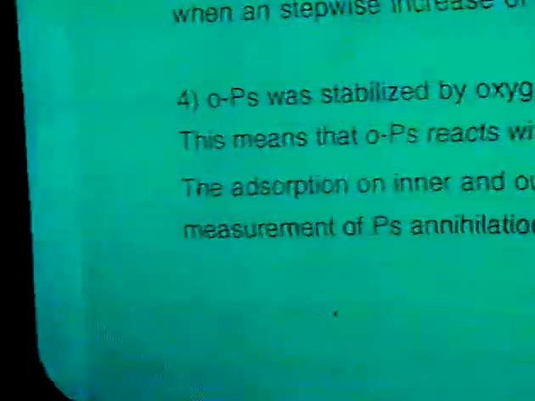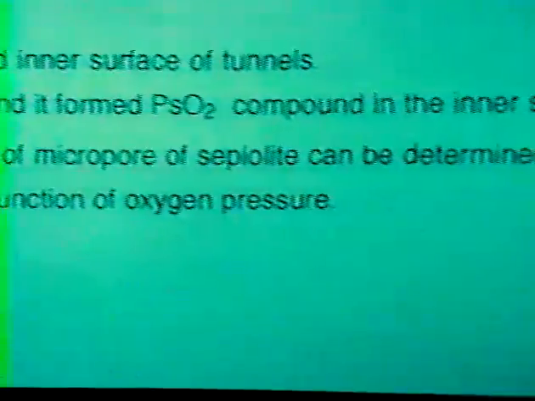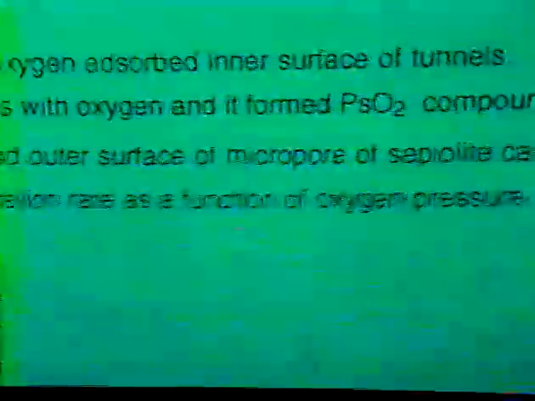Especially, positron lifetime was affected by oxygen absorption on sepiolite. A drastic change of positron lifetime was observed at the oxygen pressure of about 100 mmHg, when the stepwise increase of oxygen absorption occurred.